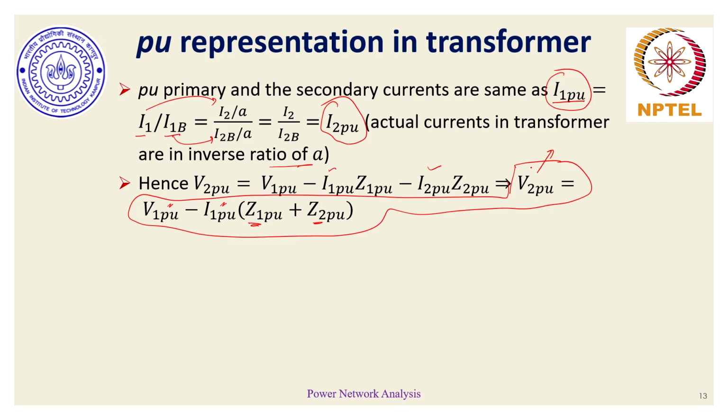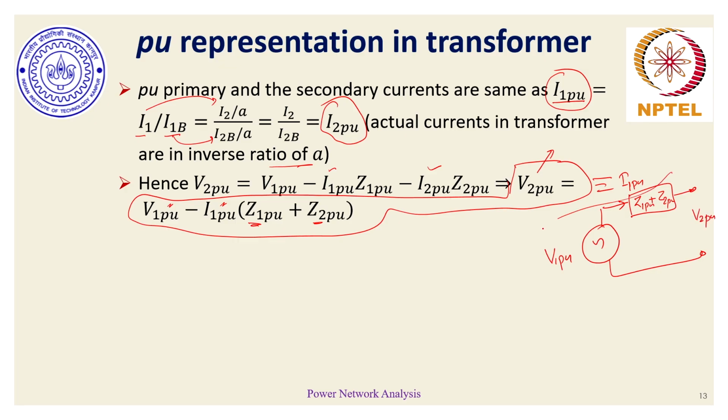So this can be equivalently represented as a circuit like this, where the input voltage is V1 pu and there is a series impedance Z1 pu plus Z2 pu, across which I1 pu current is flowing, and the output terminal is experiencing a voltage of V2 pu.